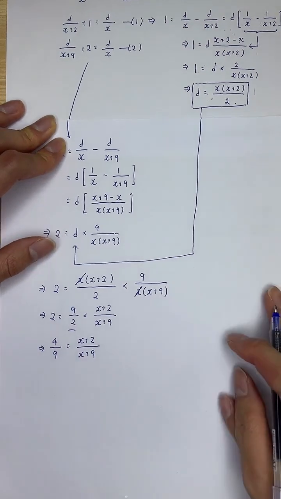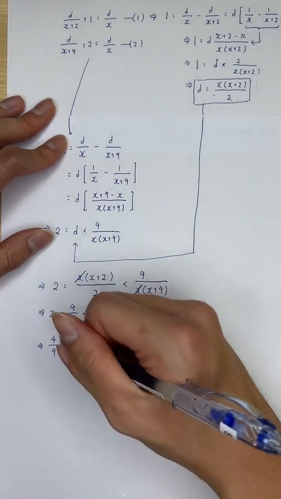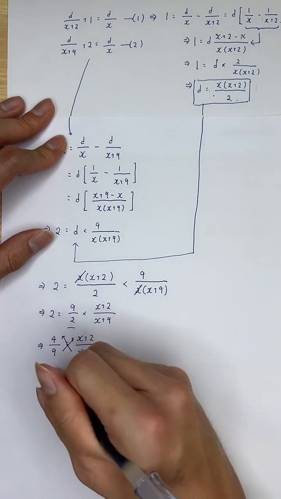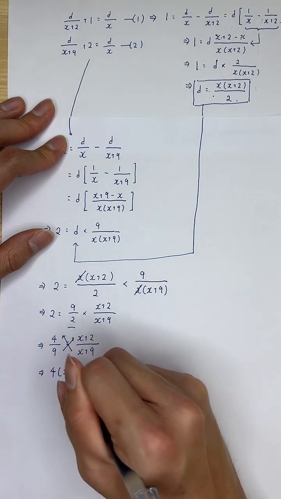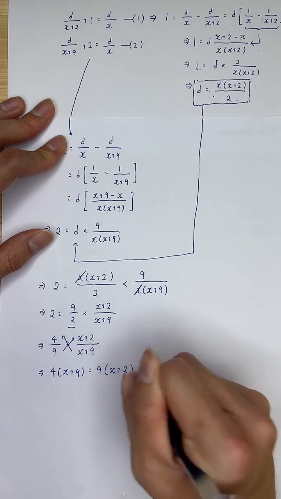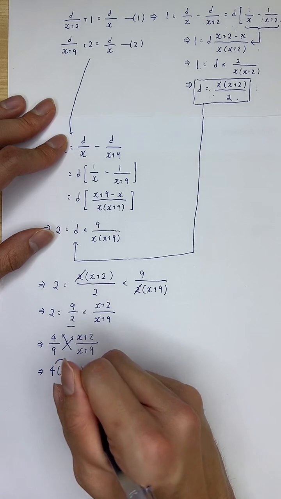And this one is going to be a simple fractional equation we need to cross multiply away first. 4 multiplied by x plus 9 equal to 9 multiplied by x plus 2. And what are we going to obtain? We're going to apply our rainbow method.